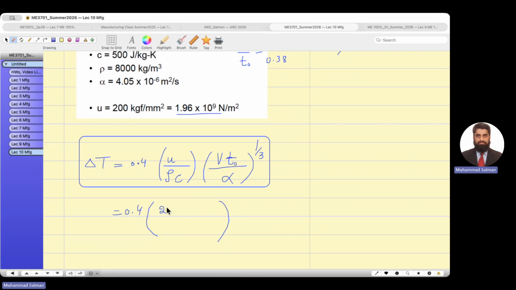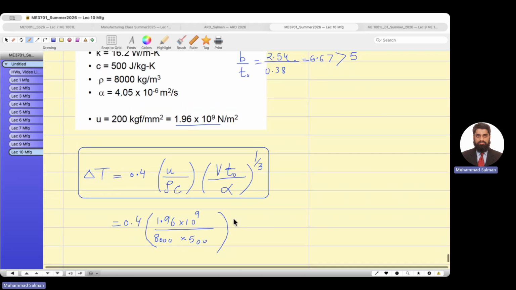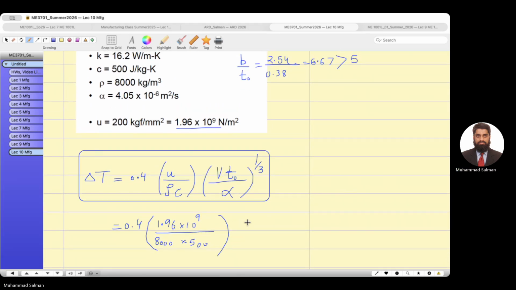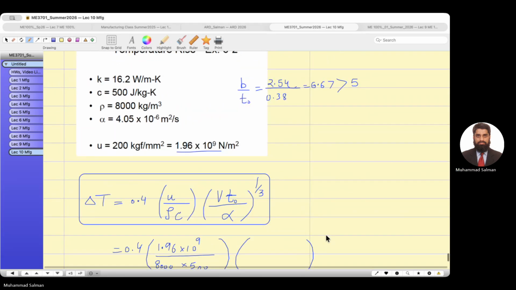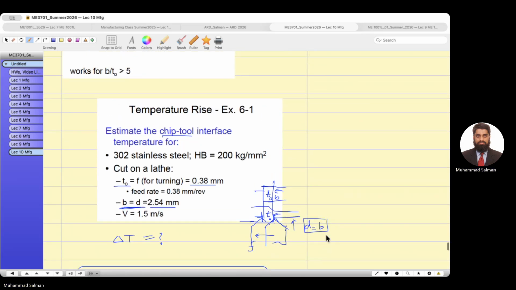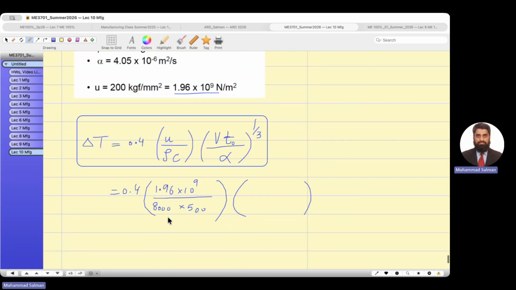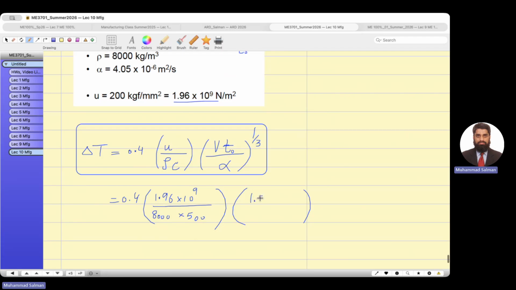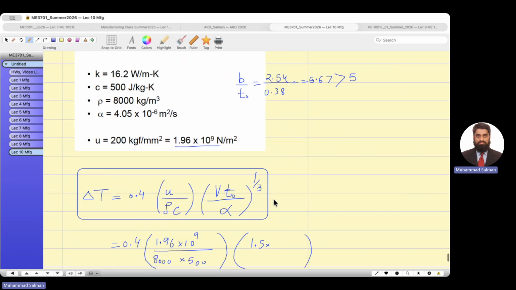It has already been converted into Pascal, so 1.96 times 10 to the power 9, divided by the density, divided by the specific heat, which is 500, times the speed, which is 1.5, times the thickness of the chip, which is 0.38 millimeter.